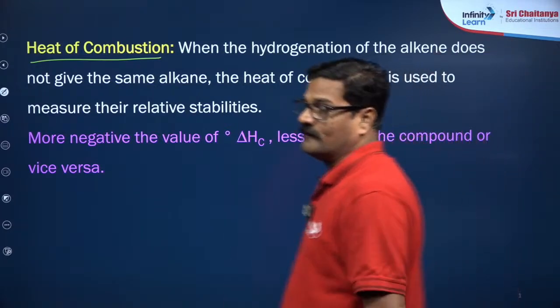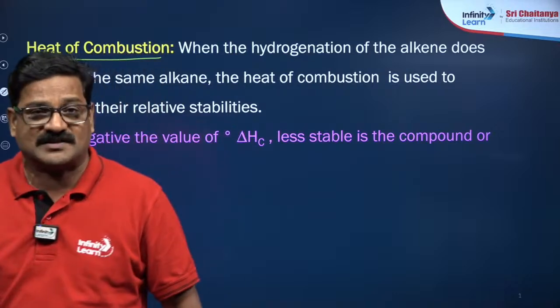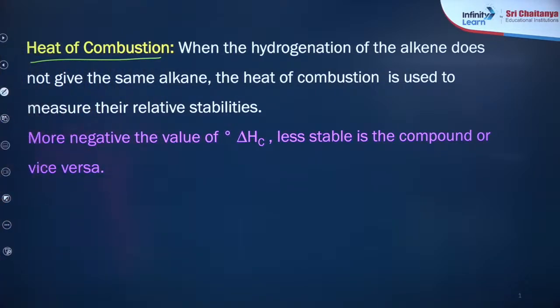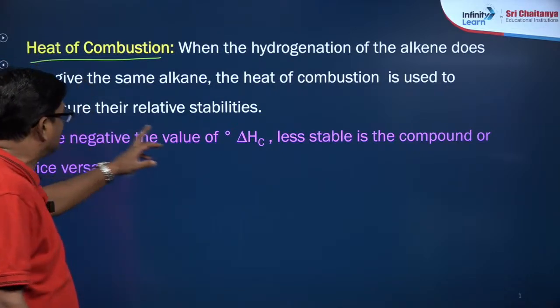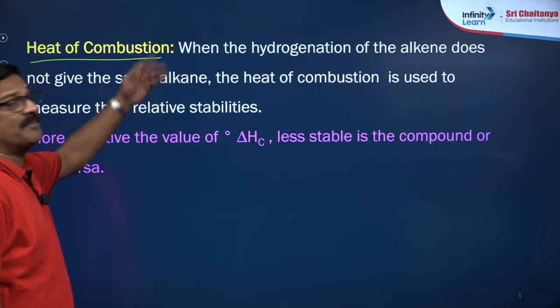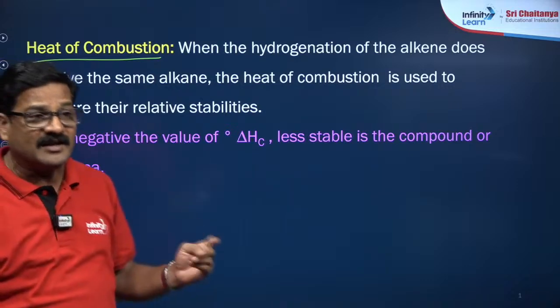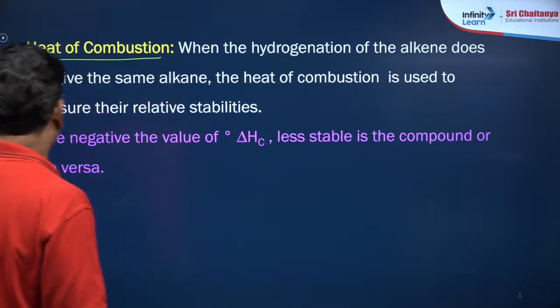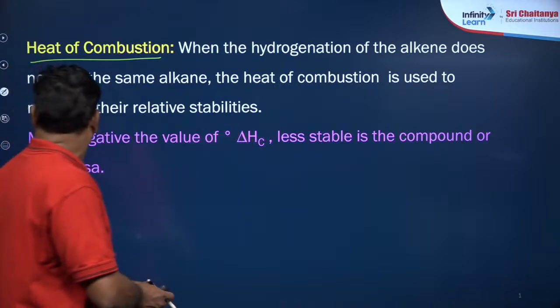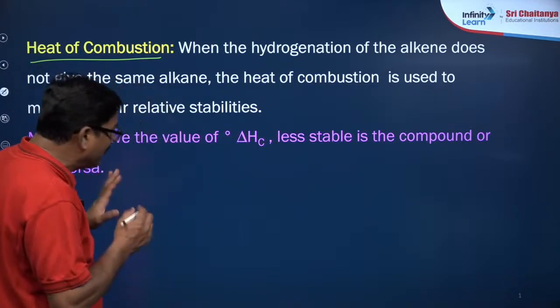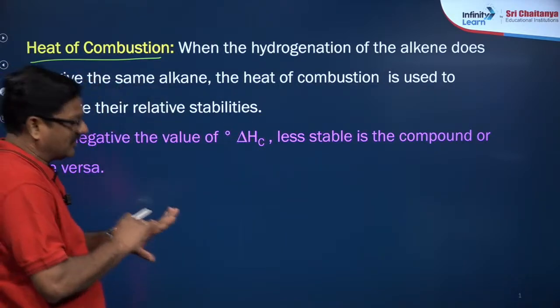That is also an exothermic process. So when the hydrogenation of alkenes does not give the same alkane, the heat of combustion is used to measure the relative stabilities. This is the second method to find stability, right? So the more negative the value of heat of combustion, the less stable is the compound, and vice versa. Again use the same logic here.